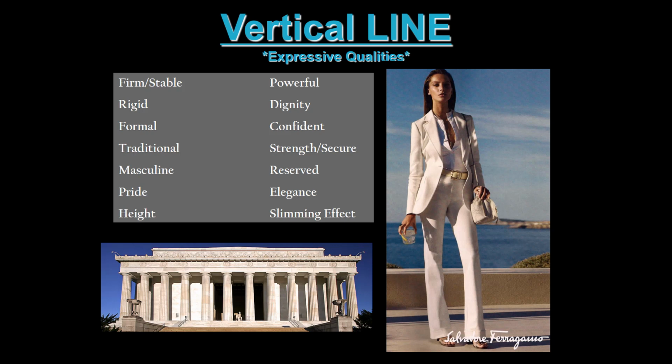In the garment, we're doing something else to create that kind of elegant, slimming effect. We've used all white in the garment. So what does she look like? She looks like a column. She looks like this tall, firm, stable, elegant person just through her garment.